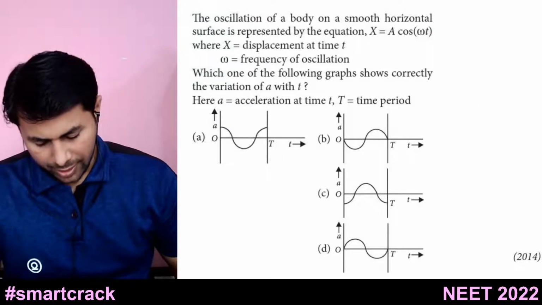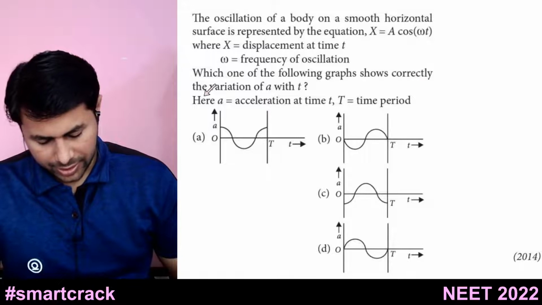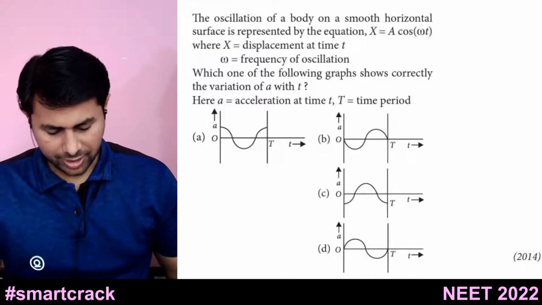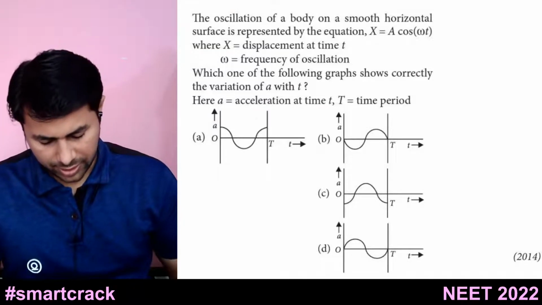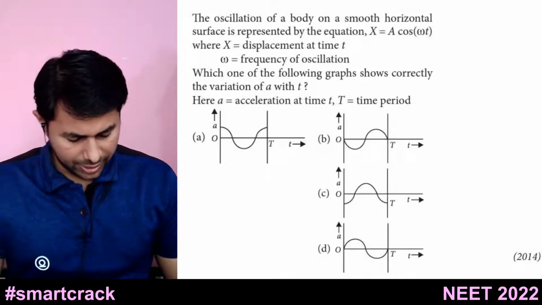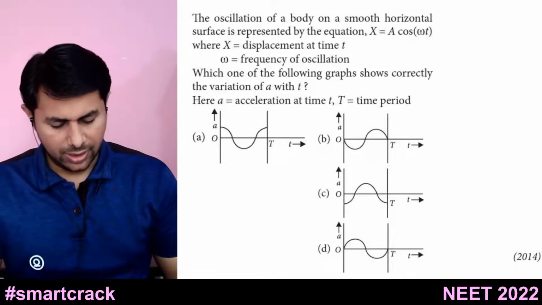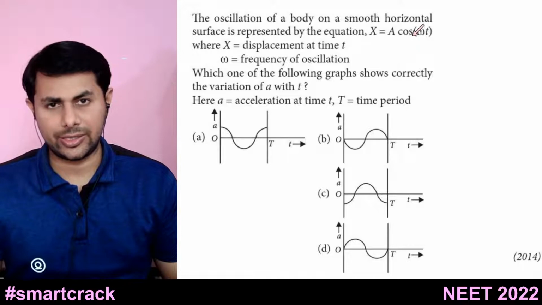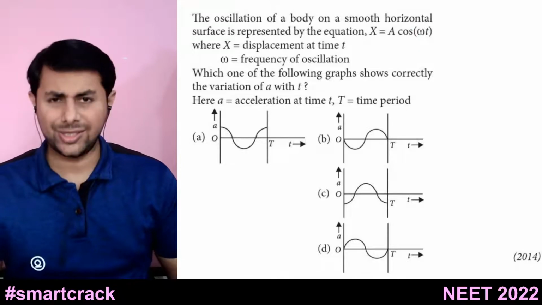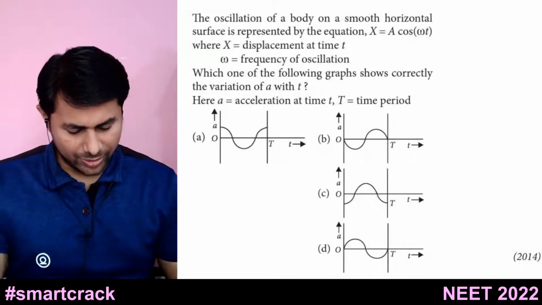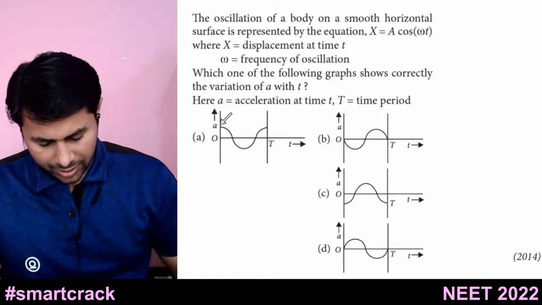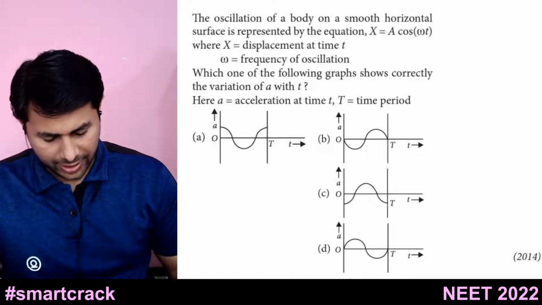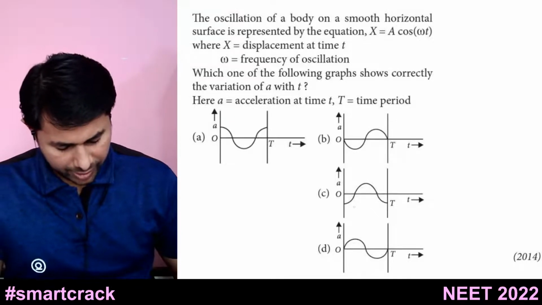Which of the following graphs shows correctly the variation of x with respect to t? Since it starts from the positive extreme position, this is a very straightforward question. It should be at plus A.